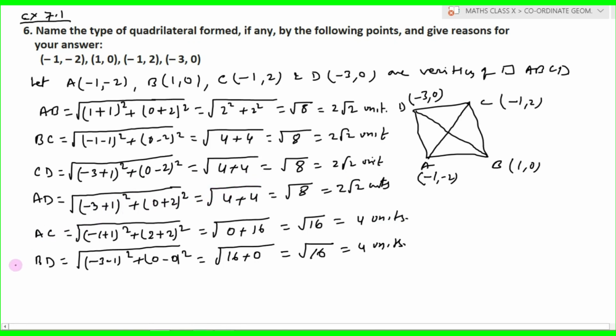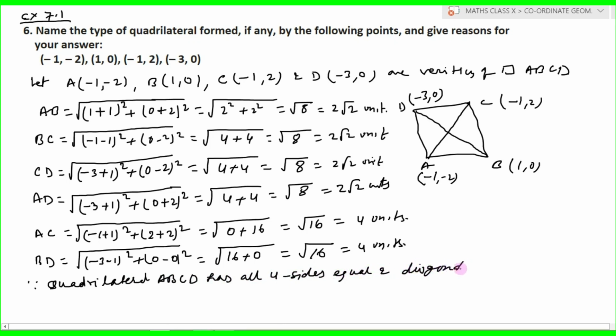So here the property verifies that since quadrilateral ABCD has all 4 sides equal and diagonals are also equal, hence, or therefore, ABCD is a square. Okay.